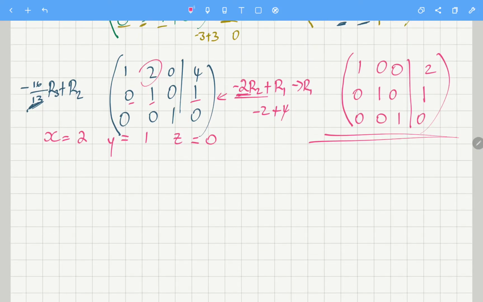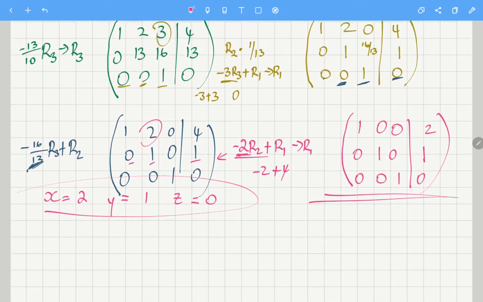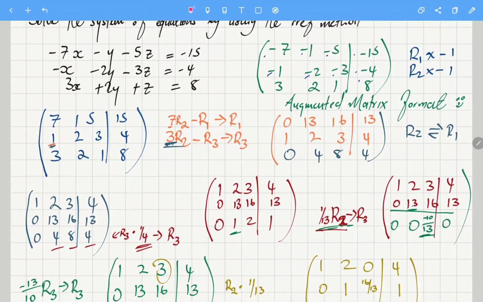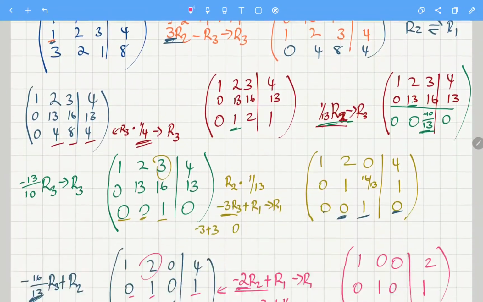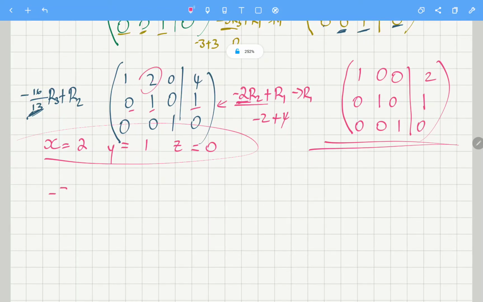So substituting that into the system of equations: minus 7x minus y minus 5z equals minus 15, and minus x minus 2y minus 3z equals minus 4, then 3x plus 2y plus z equals 8.